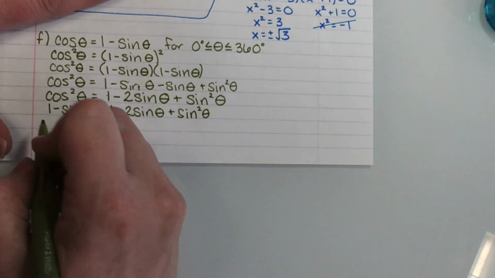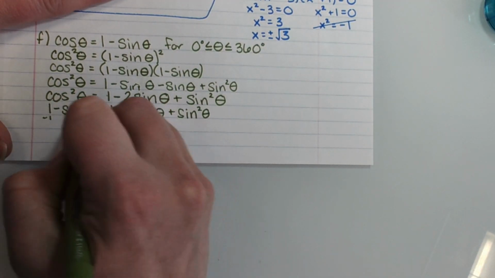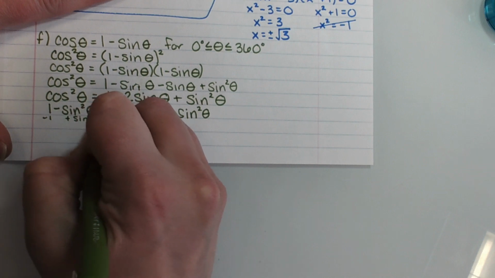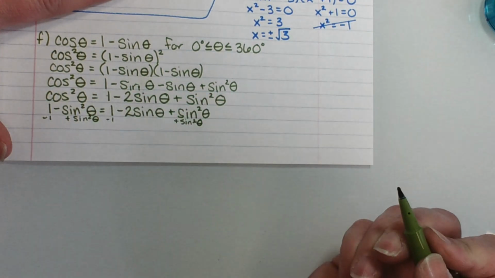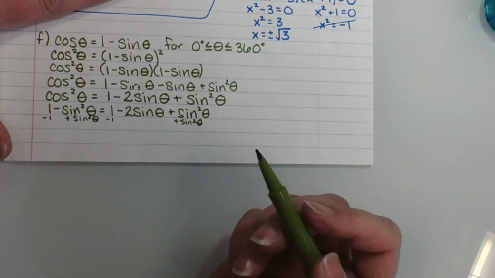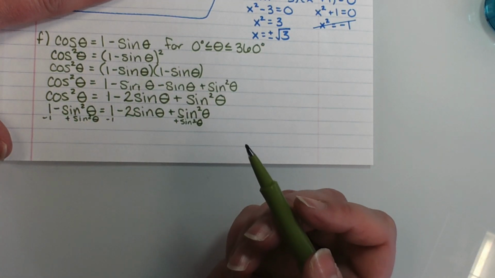I combine my like terms. The ones cancel out, and I have 2 sine squareds.